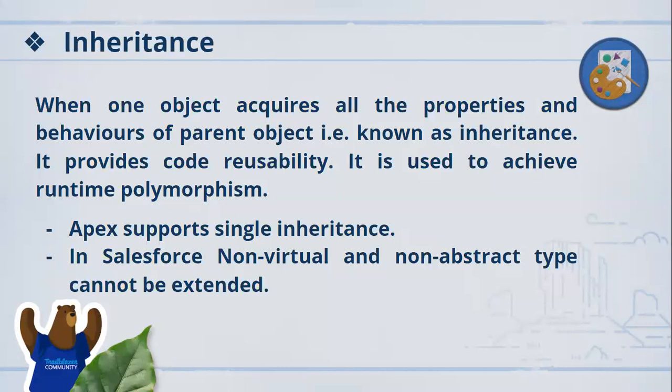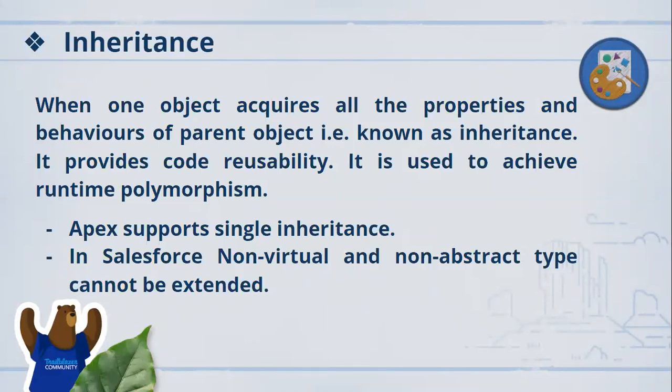Inheritance can also be used to achieve runtime polymorphism. In Java you have seen multiple types of inheritance, like single level, multi-level and hybrid. But here in Apex we have only single inheritance, and in Salesforce a non-virtual and non-abstract type cannot be extended. I'll talk about virtual and abstract later on.